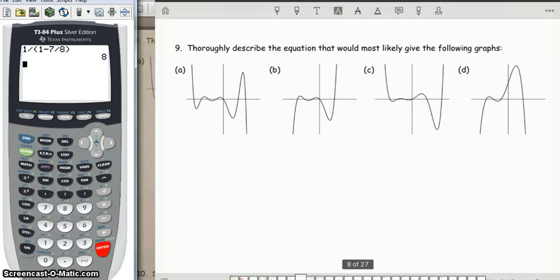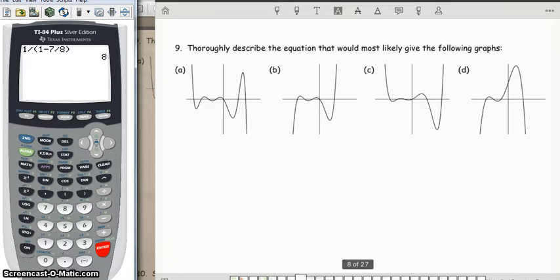If the degree is even, they go in the same direction, like in letters C and D. If the leading coefficient is negative and they go in the same direction, it'll look like letter D. But if the leading coefficient is positive and they're even, it's going to look like letter C. Letter B is an odd degree polynomial that has a positive a value because the right side goes up.